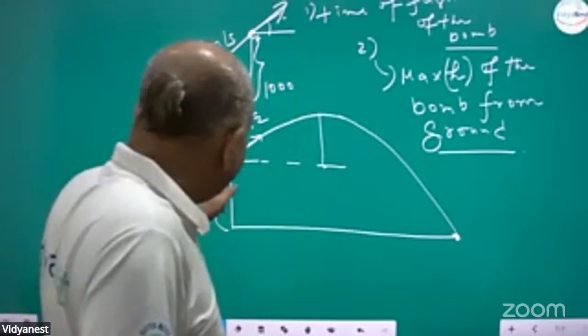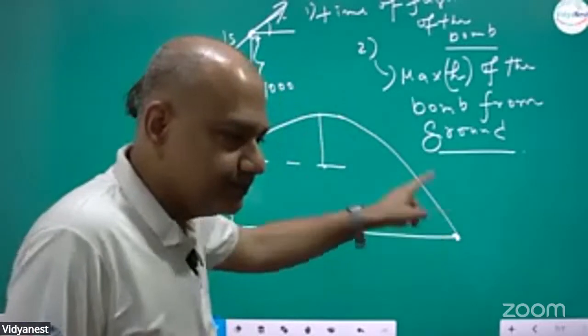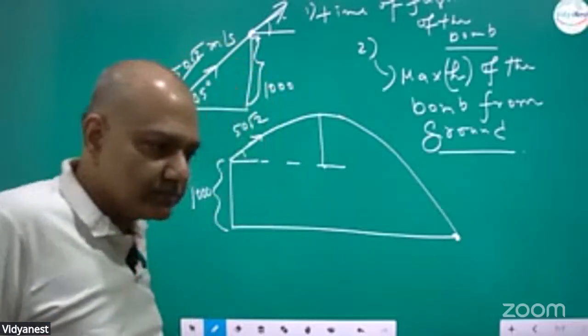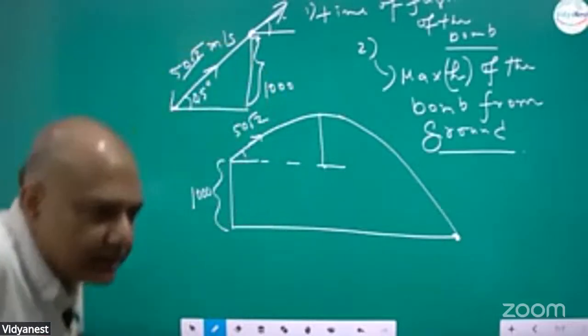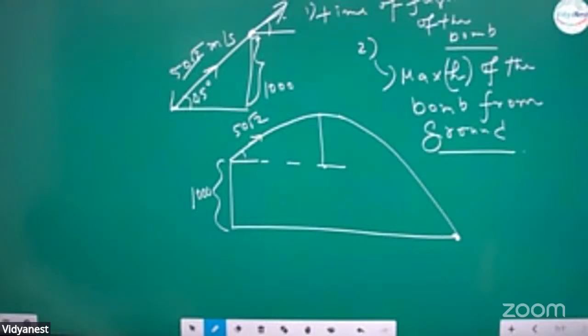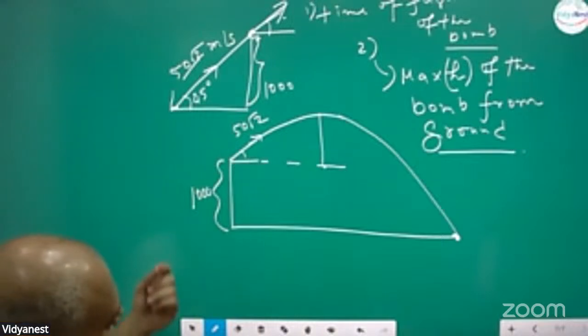We require the total time of flight. Sir, here we take g as 10, sir. Now a little bit of hints I'm going to give. Listen.